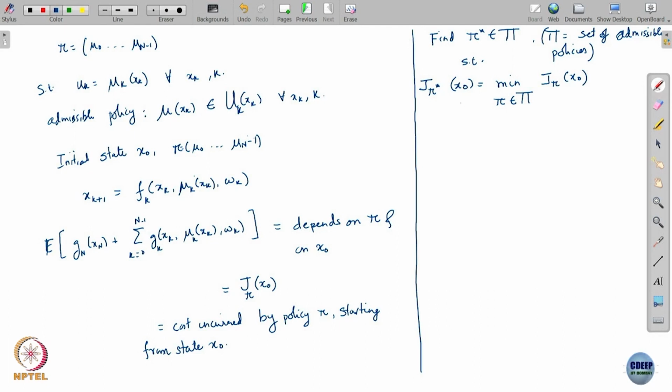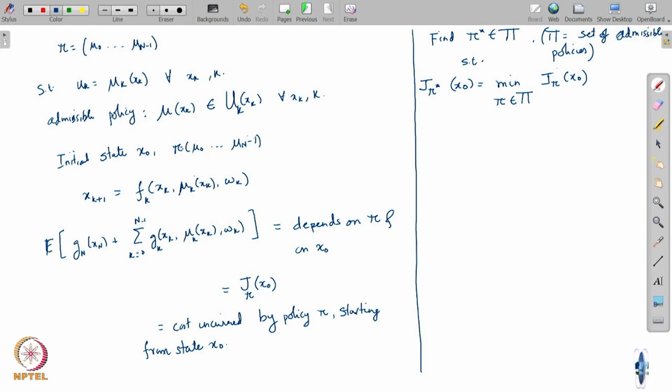It is because the policy itself is a plan for every possible state. It is not merely for the specific state that you are looking at. You usually get the policy for every possible initial state.